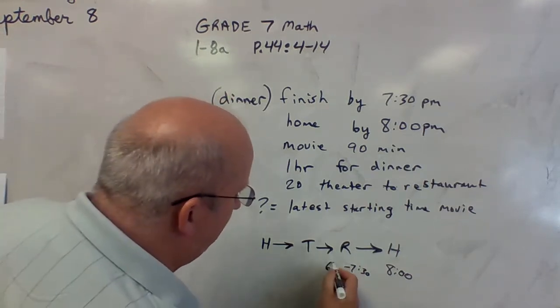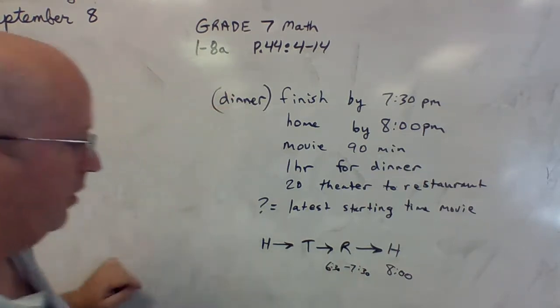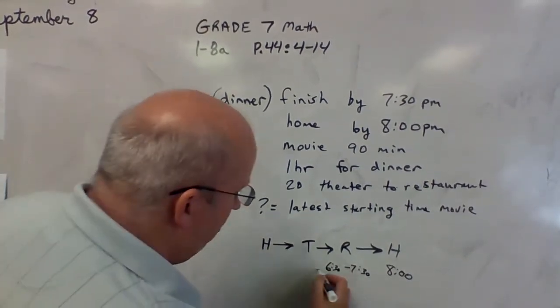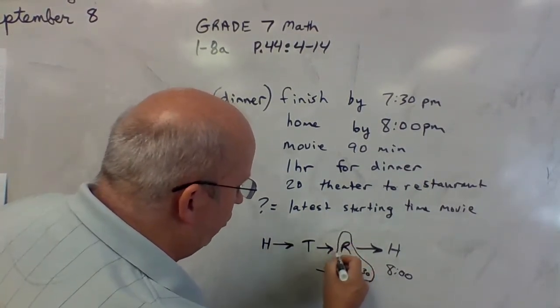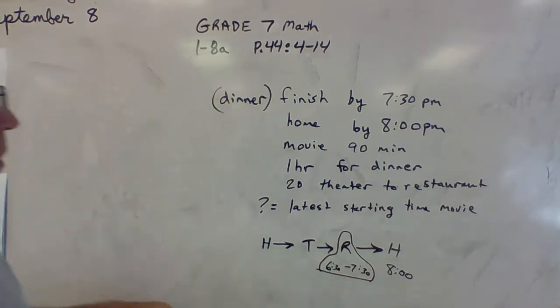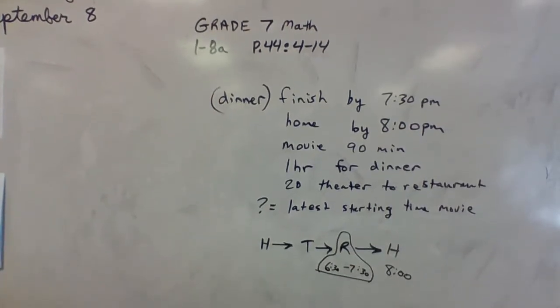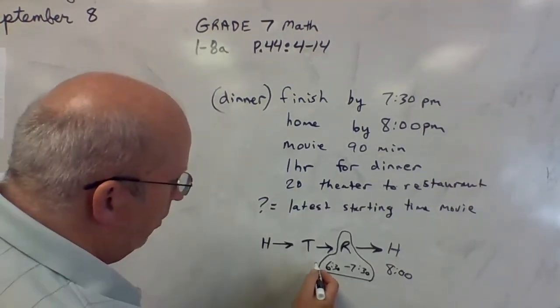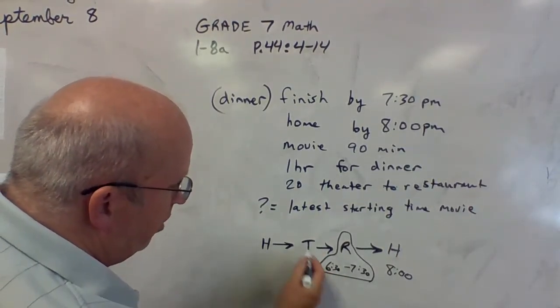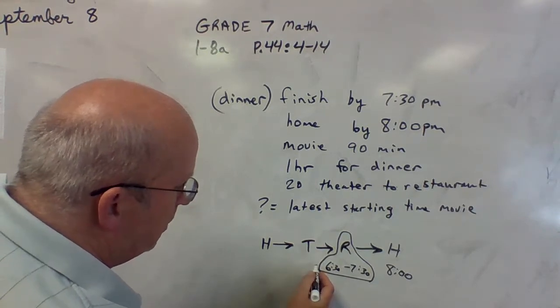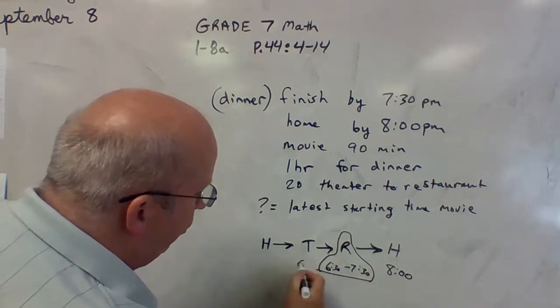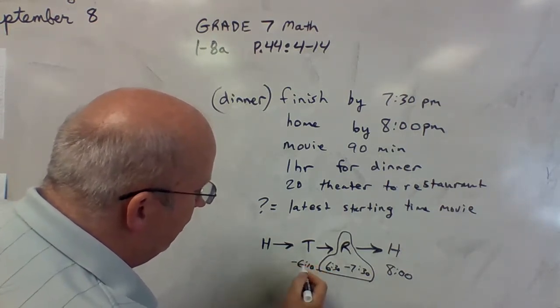That means she better be at the restaurant starting to eat at 6:30 to 7:30. So this right here is her restaurant time frame. But it also says that it's 20 minutes from the theater to the restaurant. So that means she needs to leave the theater 20 minutes earlier than 6:30. She needs to leave the theater at 6:10 because that's 20 minutes earlier, right?